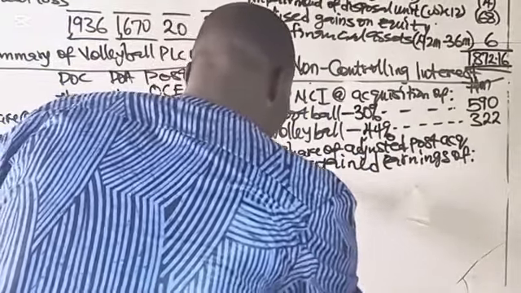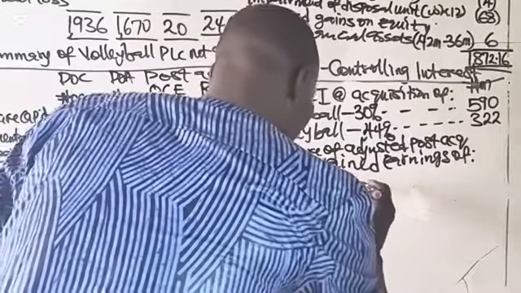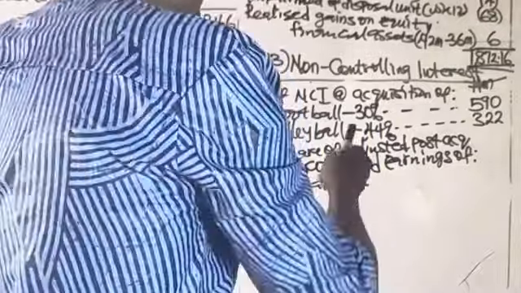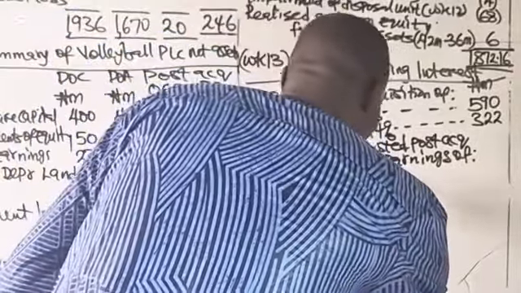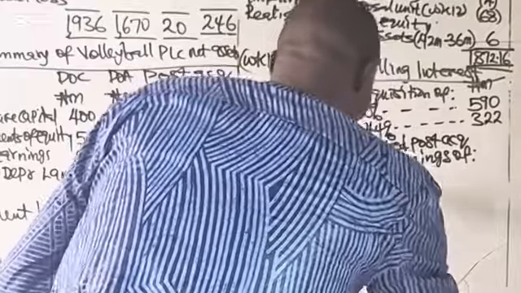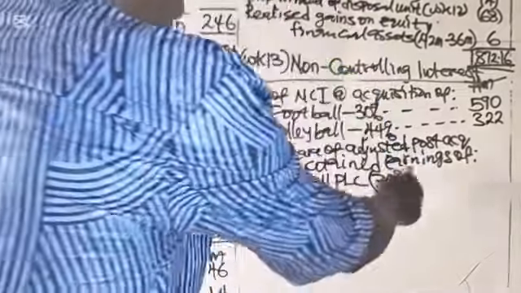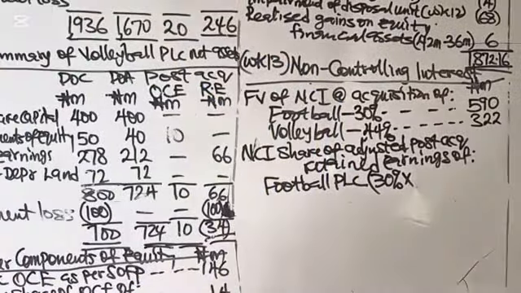We have Football PLC as the subsidiary. Remember, the stake of Sport PLC in Football is 70%. 30% is attributable to NCI. So we have 30% of the adjusted post-acquisition retained earnings of Football PLC.